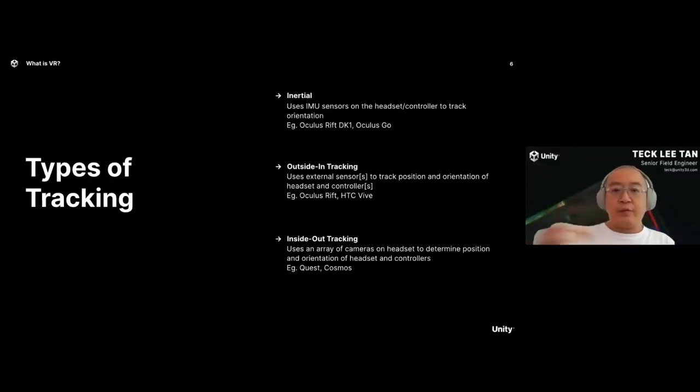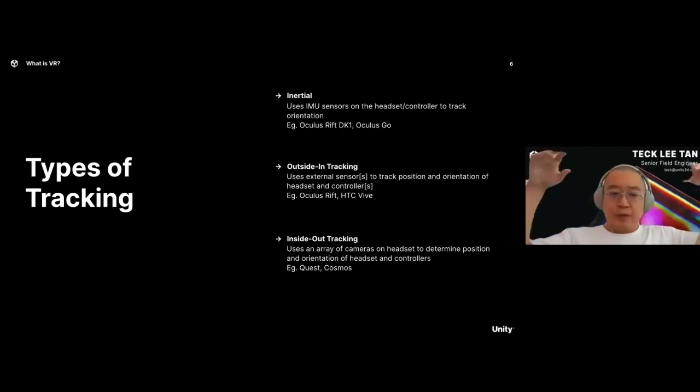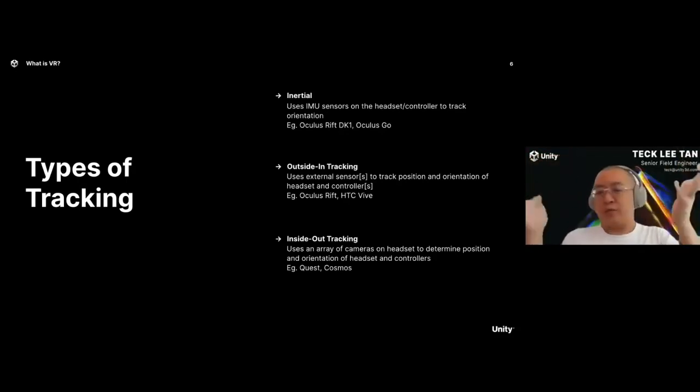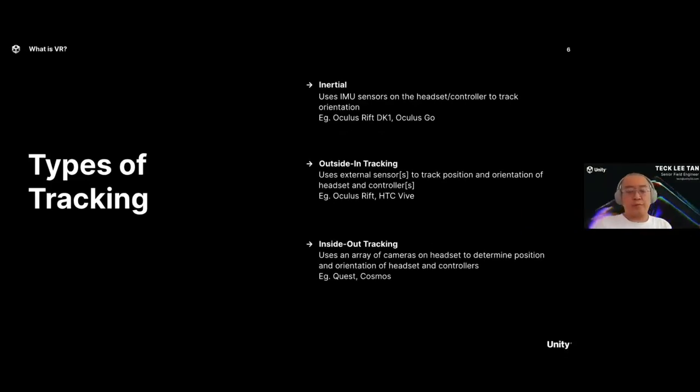And this was kind of interesting because when it started, we didn't have positional tracking, and there were all kinds of tricks, especially like the Rift DK1, the Developer one, and like the Oculus Go, that would sort of trick you into thinking that your head was moving.